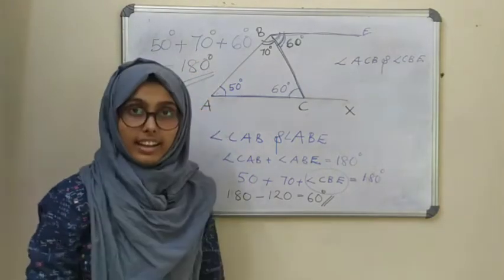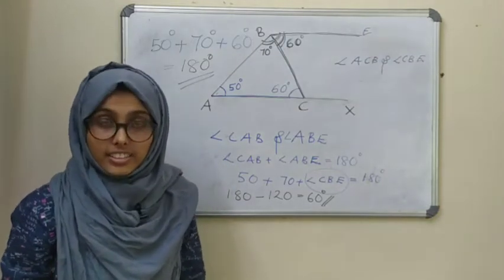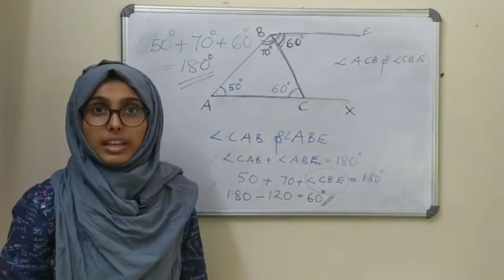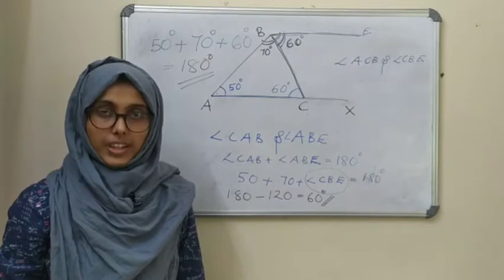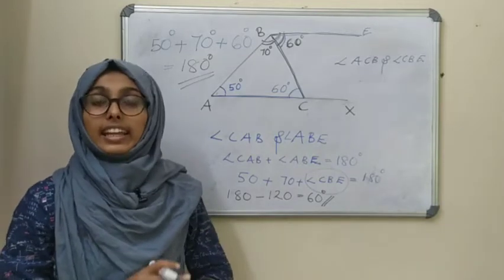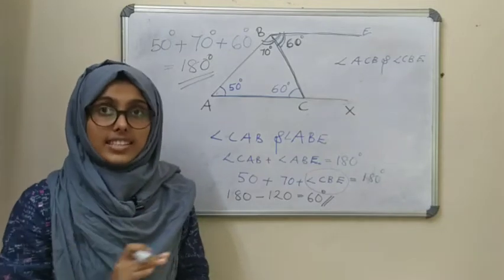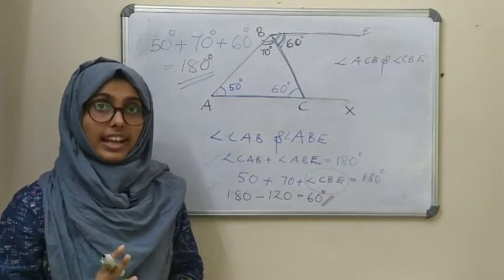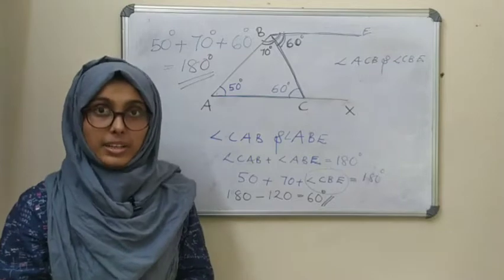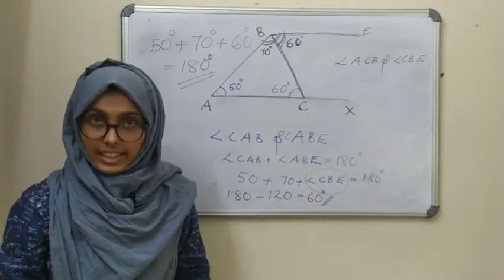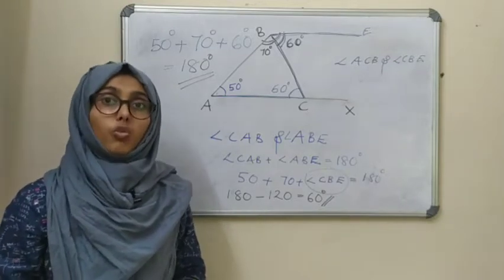In any triangle, you can take any triangle, the sum will be 180 degrees. So this is a theorem. In any triangle, when you add the three angles inside the triangle, the sum is 180 degrees.